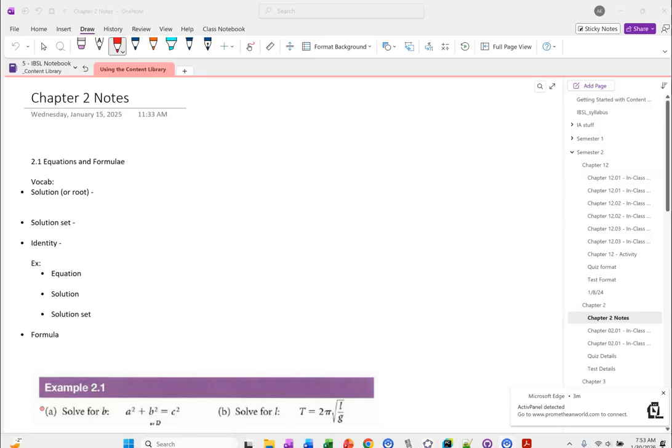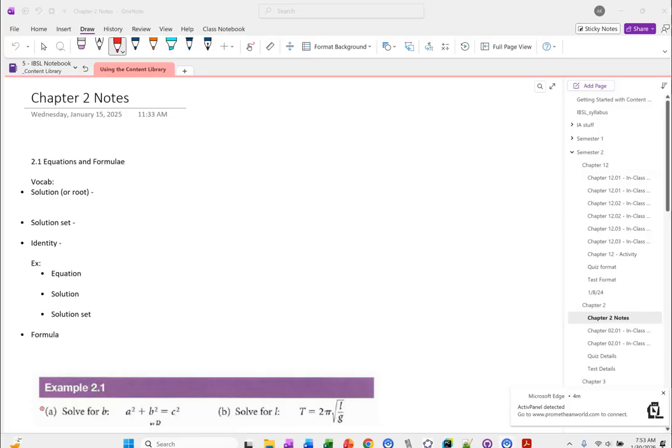What's the difference between an identity and a formula? A formula gives you the variables that you plug the numbers into, but an identity shows you what's equal to something. So a formula is going to describe the relationship between two or more quantities, right?